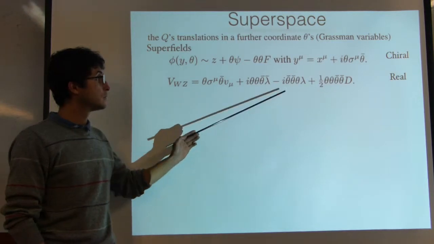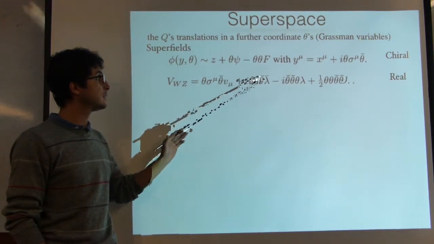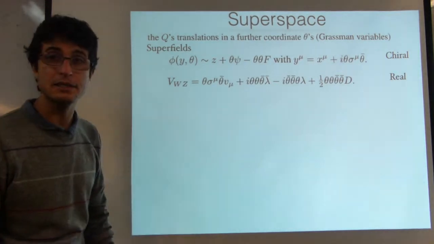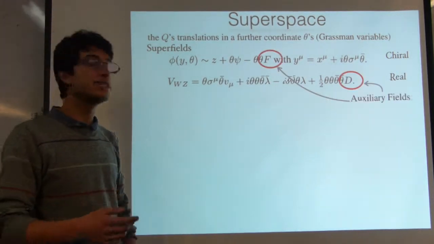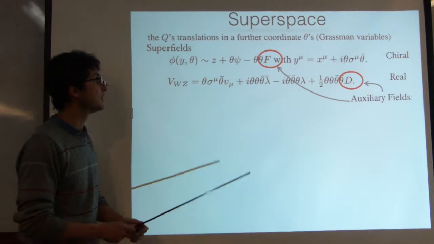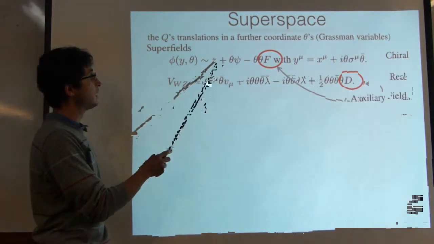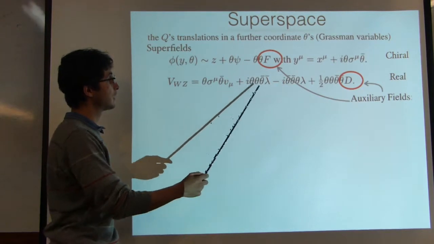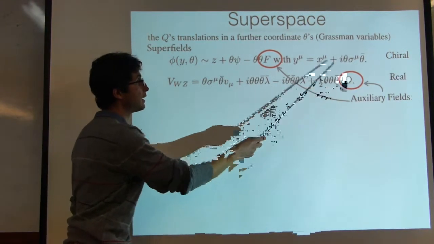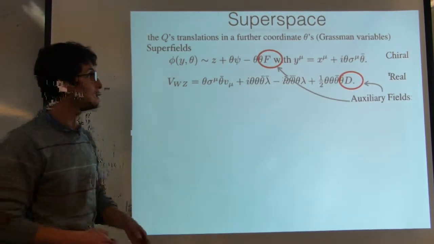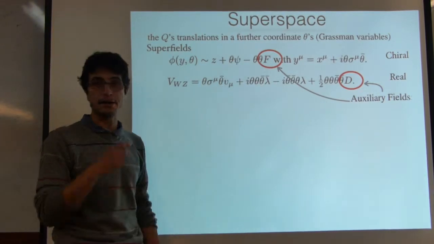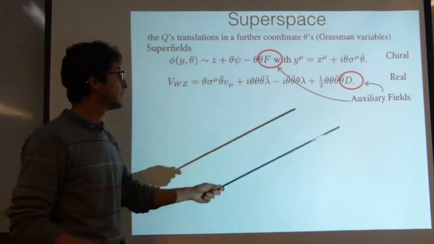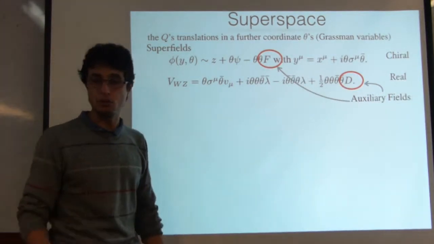This one depends only on theta, this one depends on theta and theta bar. With this, in superspace, it's actually very simple to express everything. In particular, notice that here you have the elements of the supermultiplet, and these two are going to be the auxiliary fields for the real and the chiral part. They are going to tell you whether supersymmetry is broken or not.